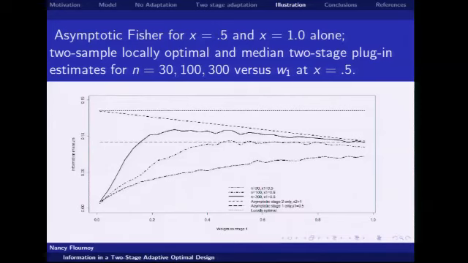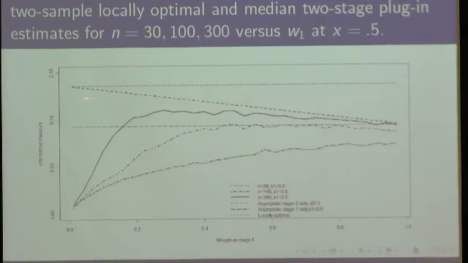And this line going across here is the linear combination of x1 and x2, where the x-axis is the weight on stage 1. So given you have some combination of subjects on stage 1 and stage 2, this line tells you the best thing you could do under those circumstances.